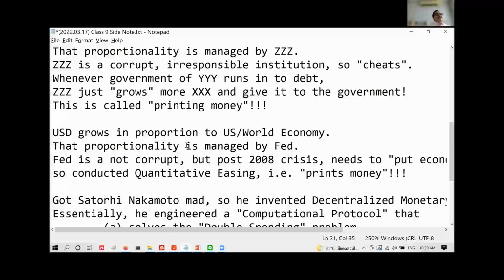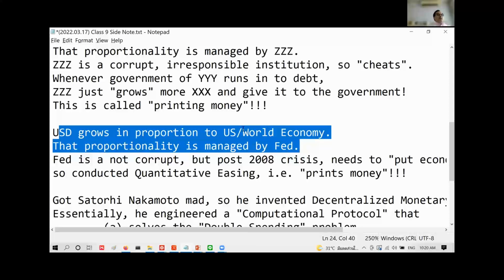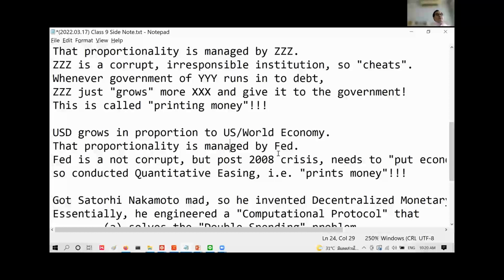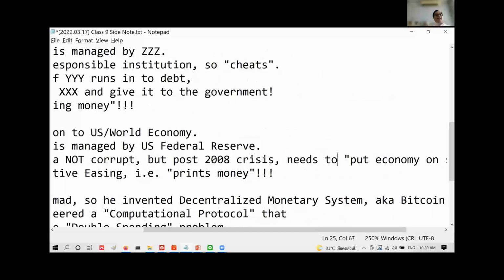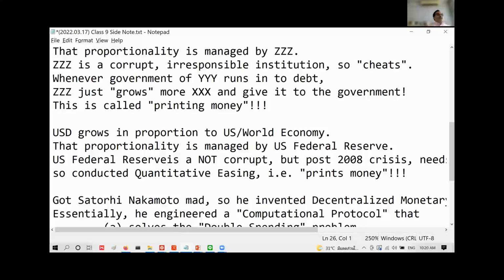Let's say the US supply grows in proportion to the world economy, also the US, but the world. That proportionality is met by the Fed, the US Federal Reserve. The US Federal Reserve is not corrupt, but post-crisis it needs to put the economy on steroids. So it conducted quantitative easing.